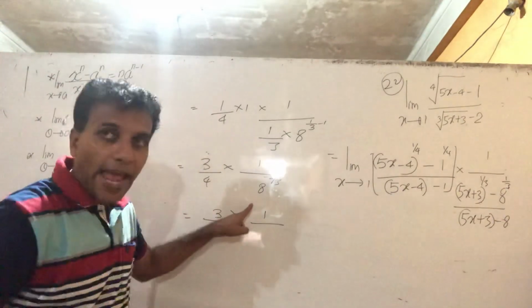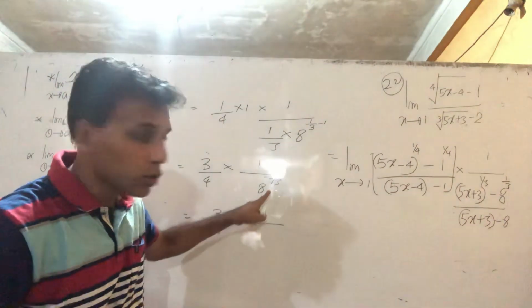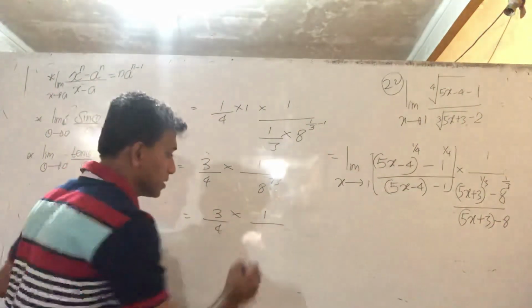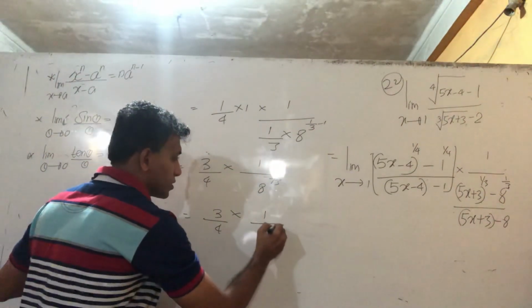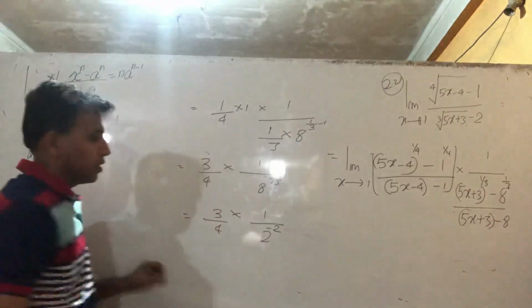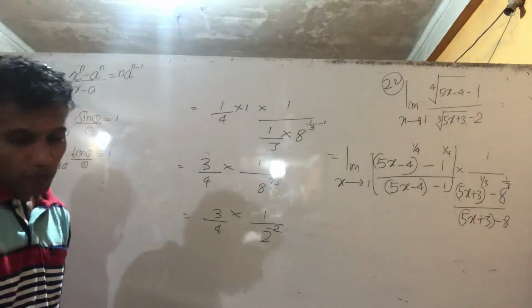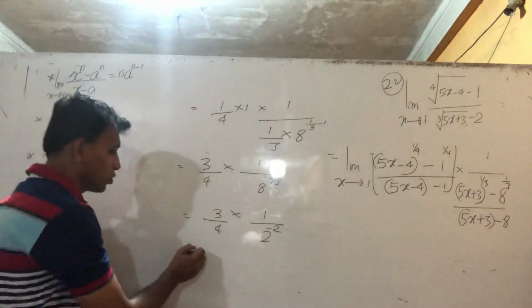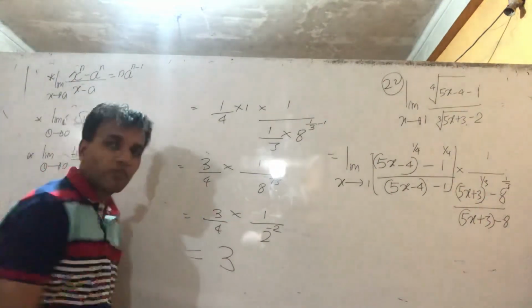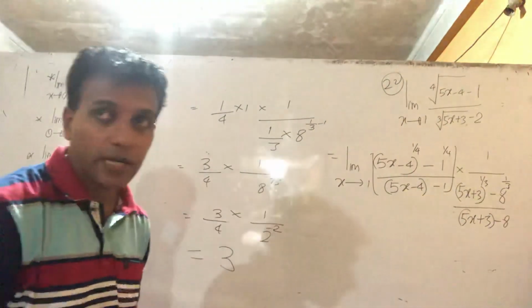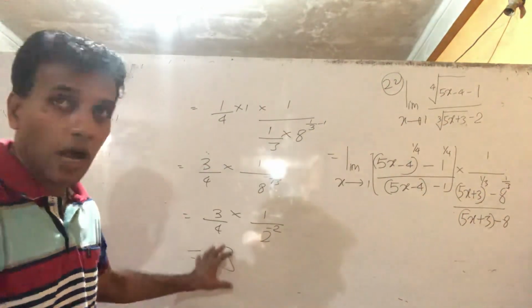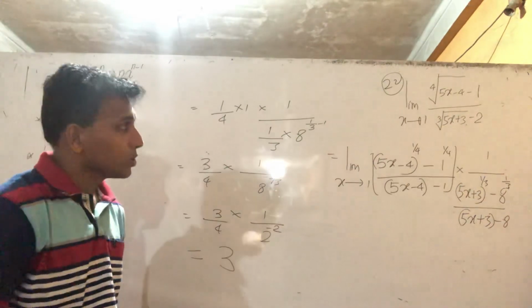If you write 8 as 2 to the power 3, the 3s cancel, giving 2 to the power minus 2, which is 1 over 4. 4 cancels. Check, the answer is 3. A good question. Simplify carefully. If you misuse somewhere, it becomes an error, and it is difficult to reach an answer such as 3. So that was question 22.